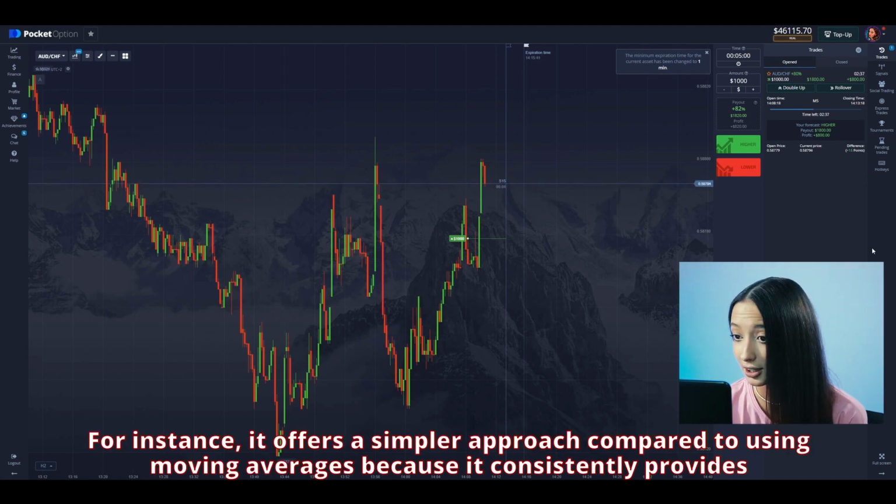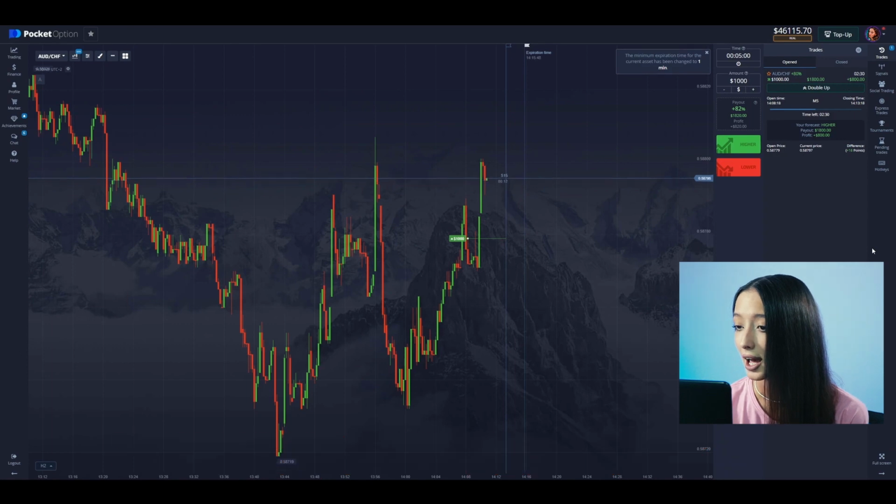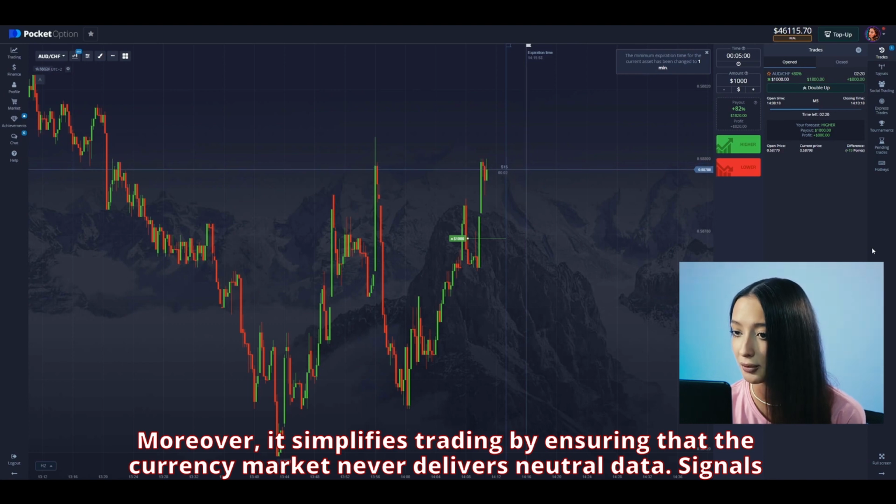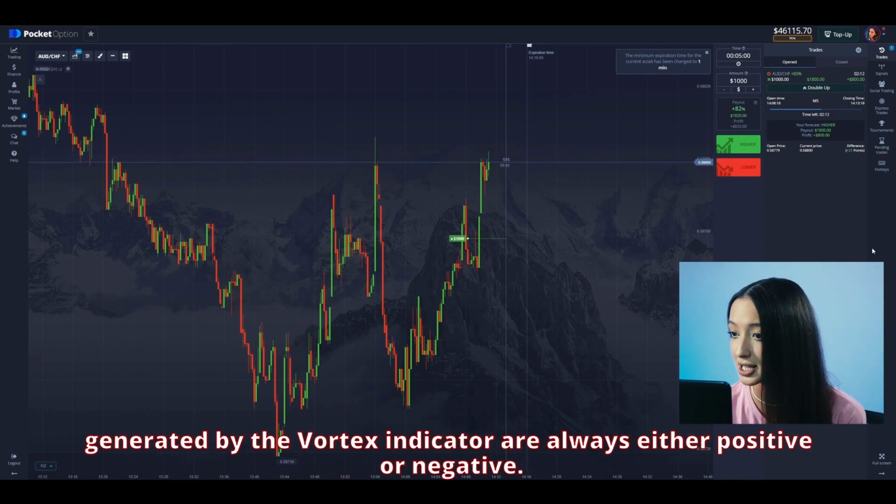For instance, it offers a simpler approach compared to using moving averages because it constantly provides either a clear signal or none at all. This clarity makes it easier to determine the optimal entry points for trades. Signals generated by the Vortex indicator are always either positive or negative.